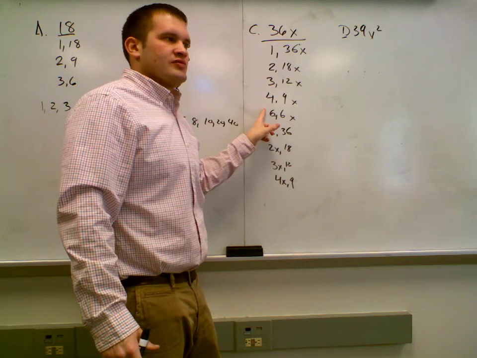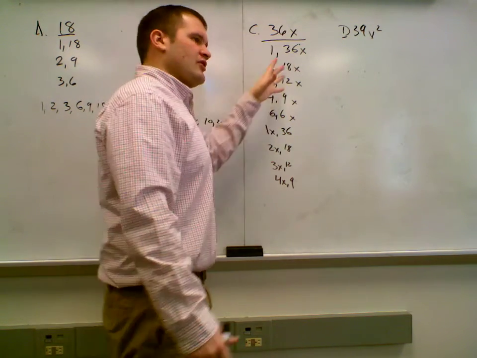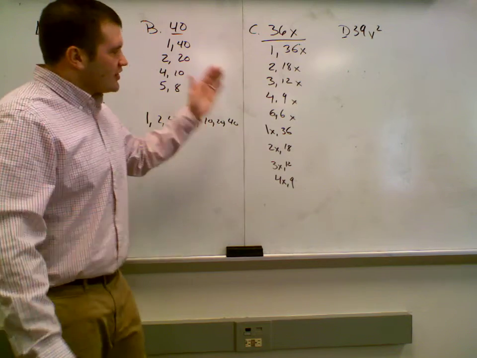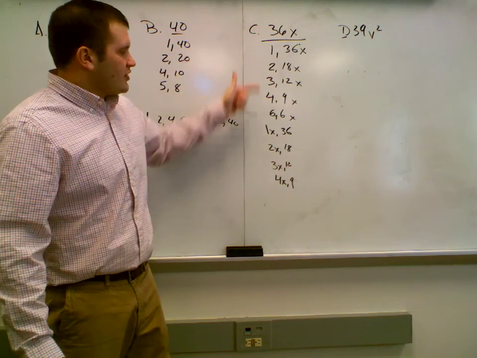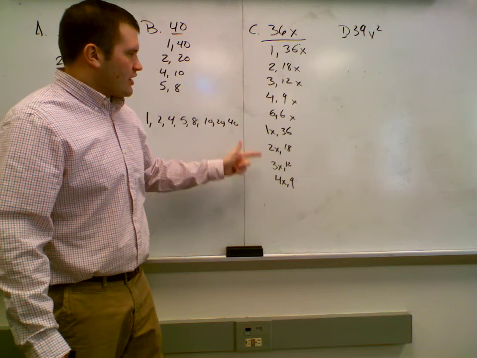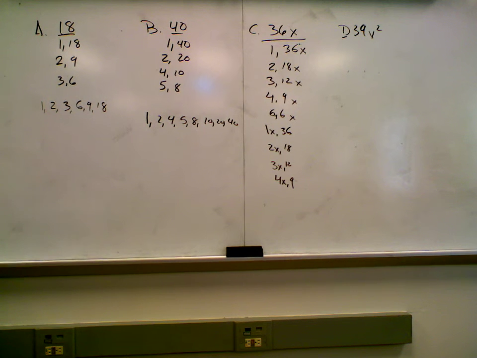So you do 1, 1x; 1 comma 36x, 2 comma 18x, 3 comma 12x, 4 comma 9x, 6 and 6x. Then 1x and 36, 2x and 18, 3x and 12, 4x and 9. I know it makes the list longer, but is it that difficult? No, it's not that difficult.